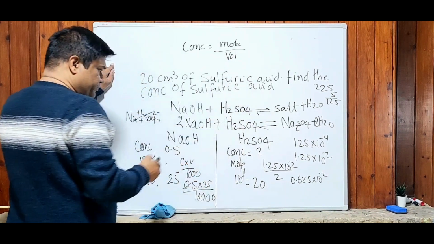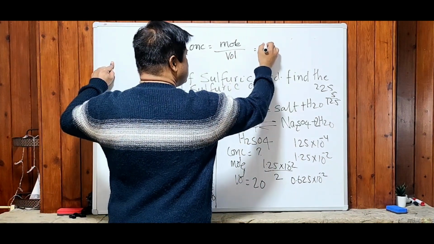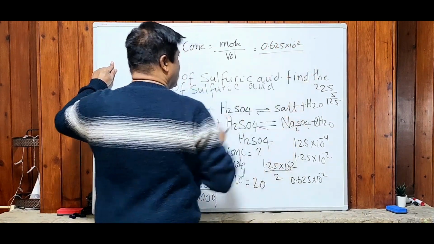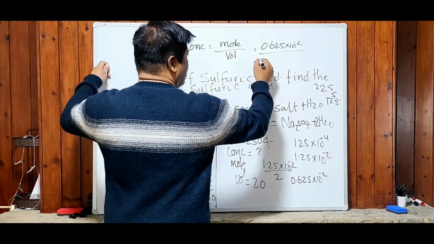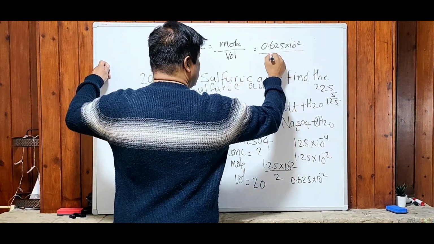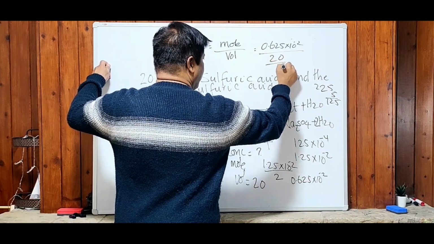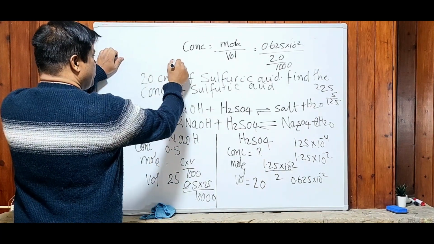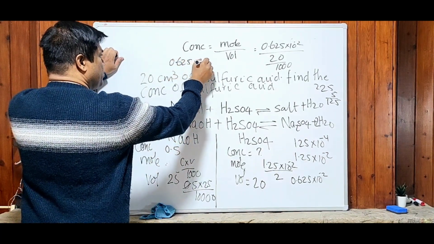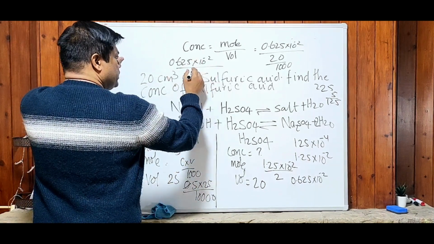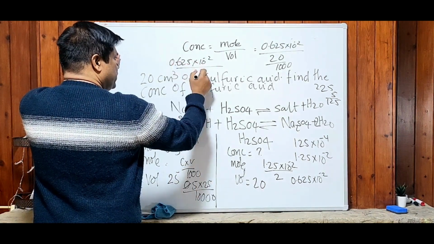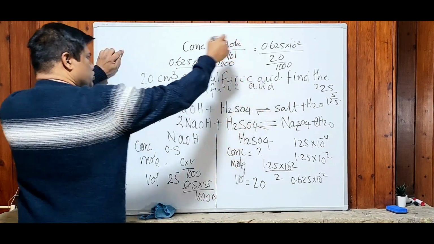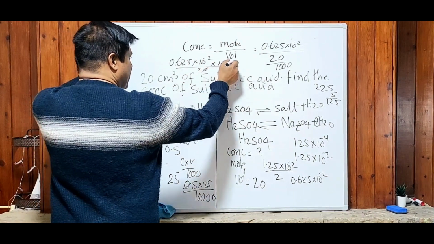We got the moles, which is 0.625 into 10 to the power of minus 2, over 20 divided by 1000. Move the 1000 to the upside. So 0.625 into 10 to the power of minus 2 over 20, and the 1000 goes up, so that gets cancelled.